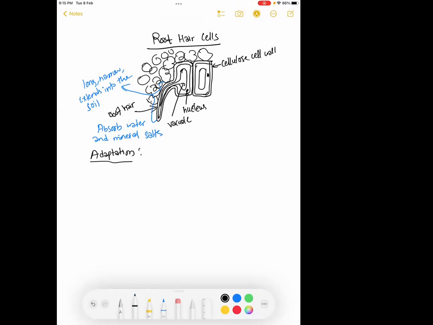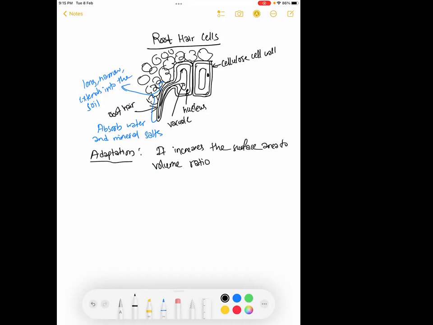This basically increases the surface area to volume ratio. Okay.